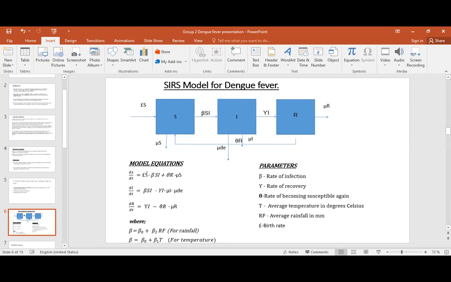So we have dS/dt equals birth rate minus beta SI plus theta R, minus mu S. And then for dI/dt, we have beta SI minus gamma I minus mu I minus mu DE. And then for dR/dt, we have gamma I minus theta R minus mu R.